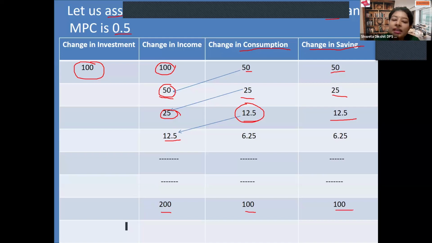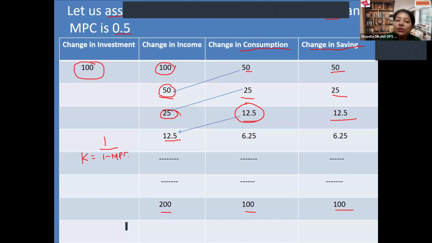Now, where does this data come from? How do we know that 200 is the final income? We know this with the help of the formula, where K can be calculated with MPS, and we can also calculate it with the help of MPC. So K is equal to 1 upon 1 minus MPC. I just told you the formula, right?